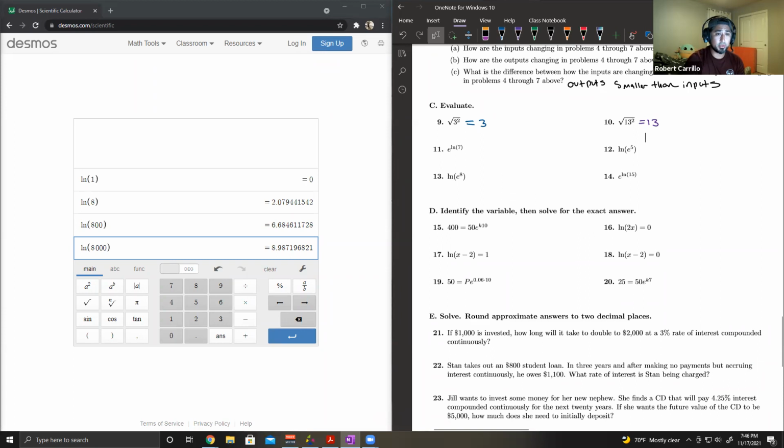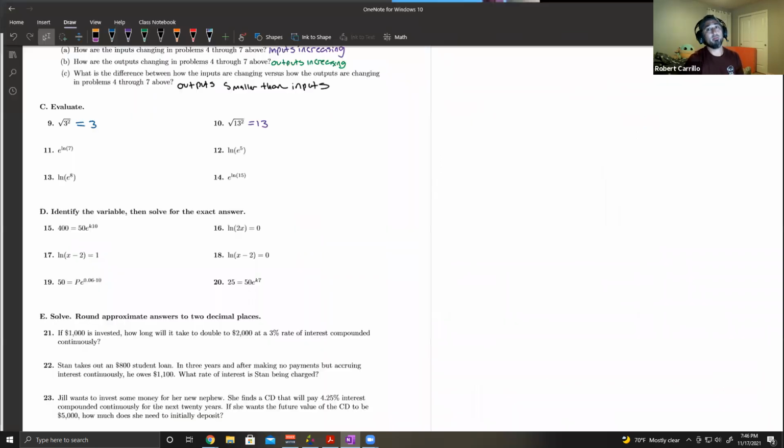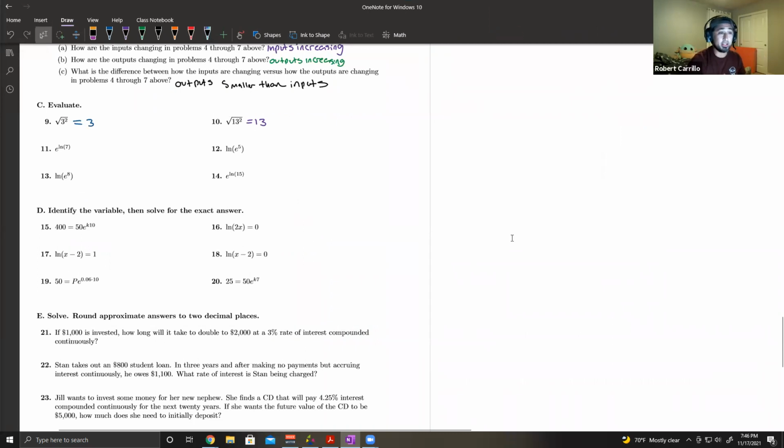Before we get into those, yes, I'll show you how to type them out on a calculator, but I'll show you an even easier way to work these without having to even use a calculator. So here are some log and exponential properties.